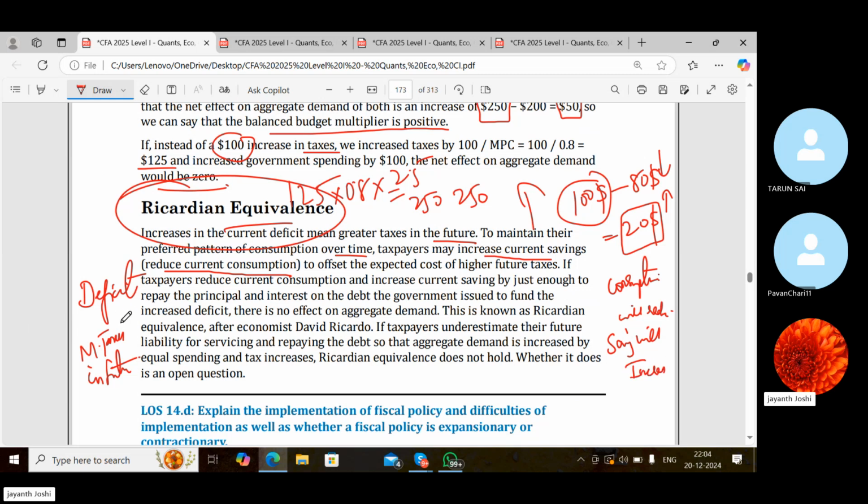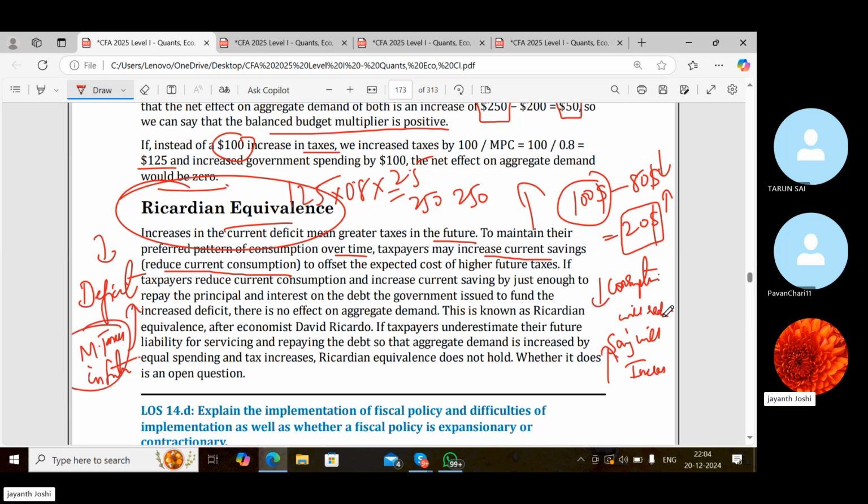So if today there is a deficit, the government is not able to spend into the economy and is going to collect that money from you in the future. People will start decreasing consumption and start saving more.